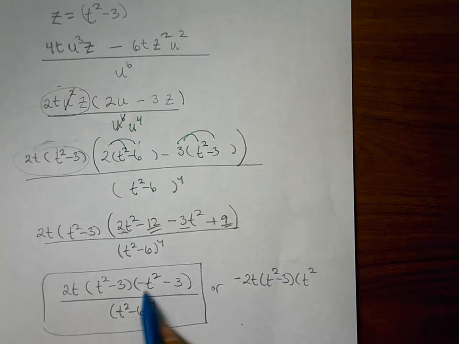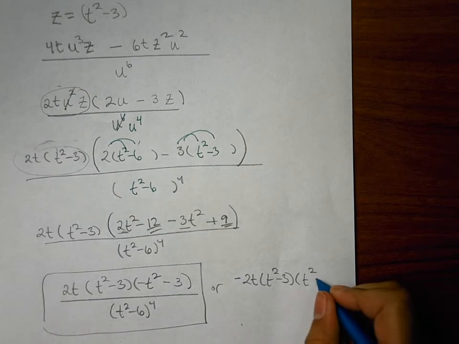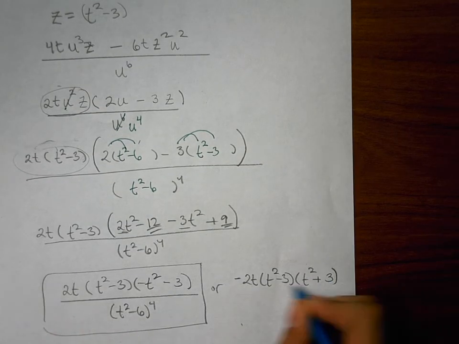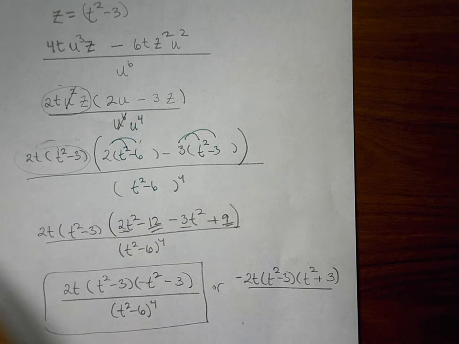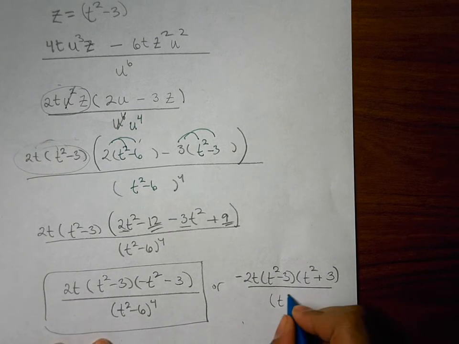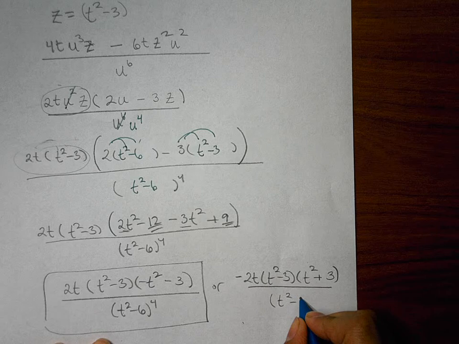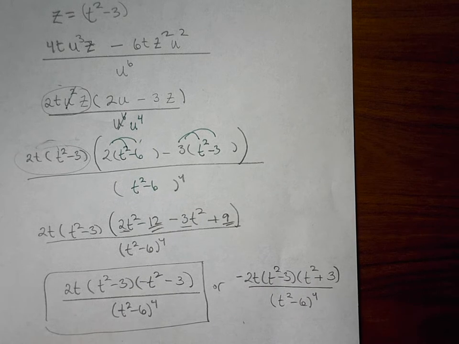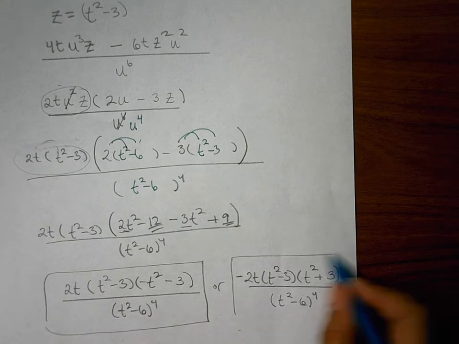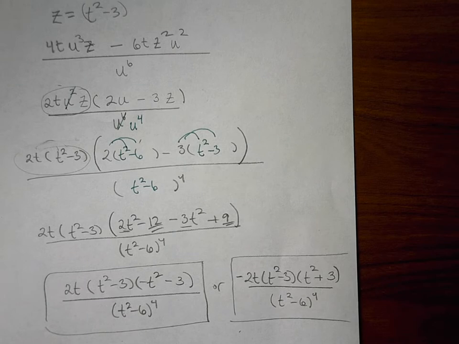Okay, and then you pull out the negative there, so that's t squared plus 3, all over t squared minus 6 raised to the fourth power. Pulling out the negative is not necessary, but you can. Totally your choice. Either one of these would be your answer.